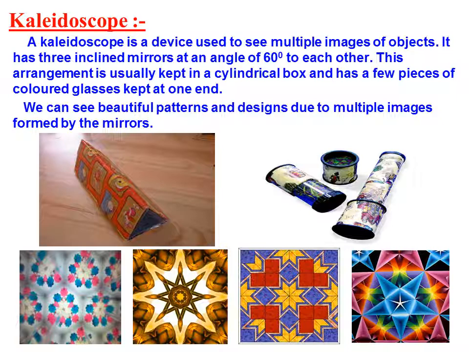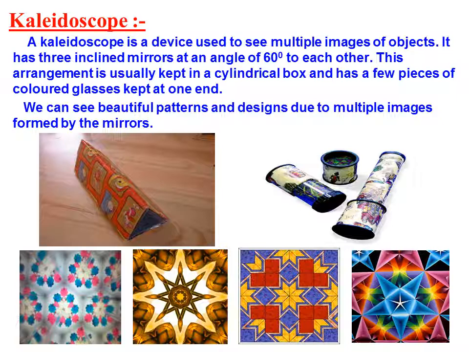For example, in pubs or in party places, we use this kaleidoscope device so that it can form multiple images. Or many of you can see it has been installed in bulbs also. In a bulb it is made in such a way that it reflects multiple images of the same color, and it changes when it rotates.